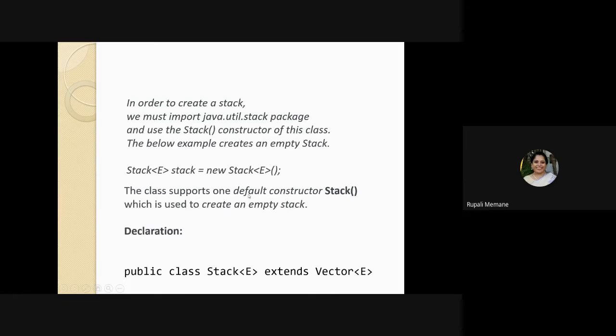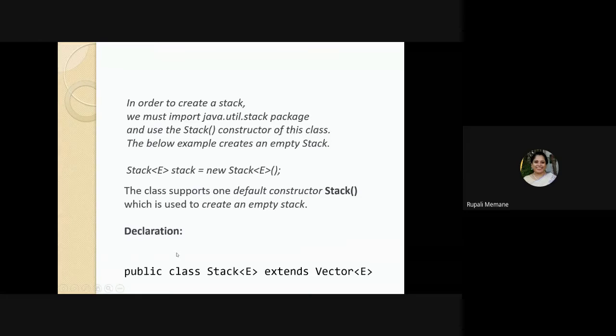The class supports only one default constructor; there are no other constructors. Like we have seen, in the Vector class we have nearly 4 types of constructor, in LinkedList we have 2 types, same with ArrayList. But Stack has only a default constructor.